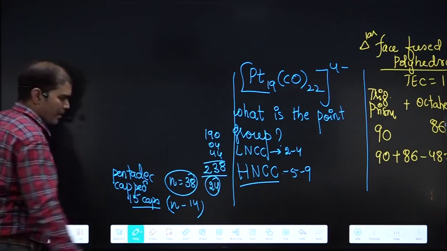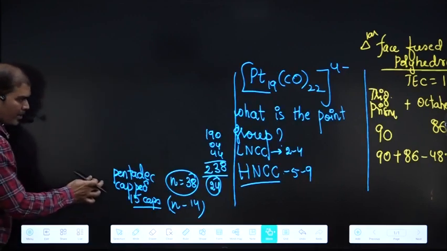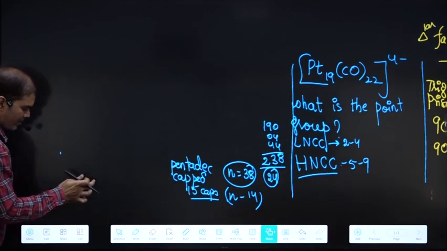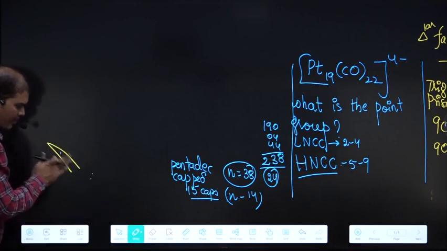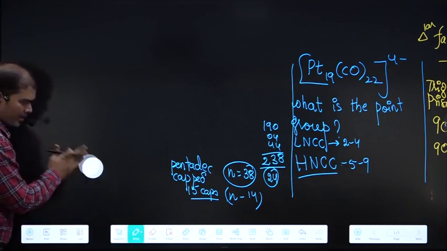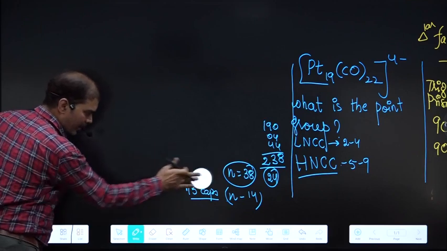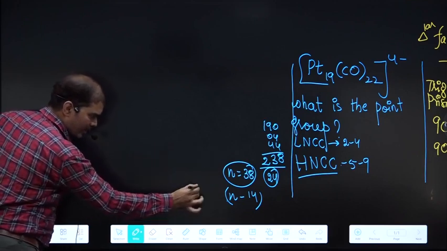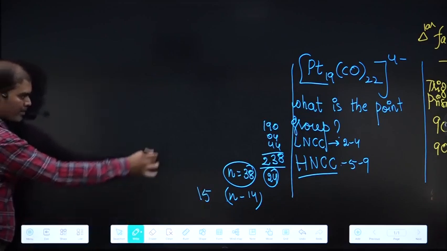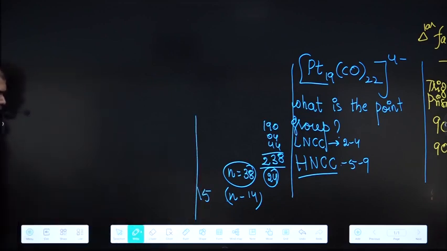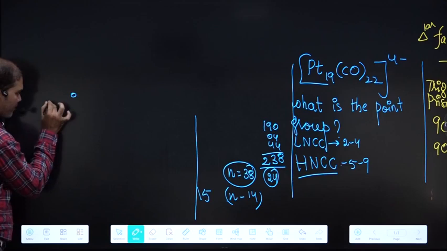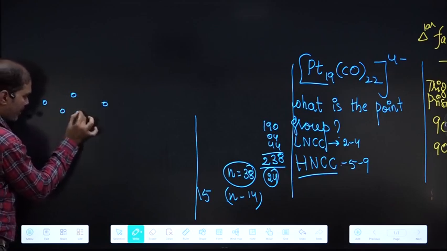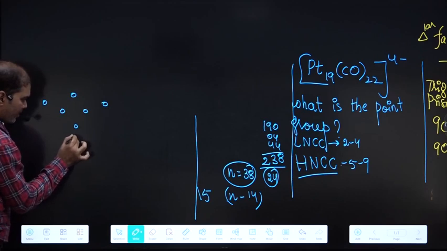Okay, write down a point. According to PSEPT, the above structure should be a pentadeca-capped structure. But it is very difficult to understand the structure.